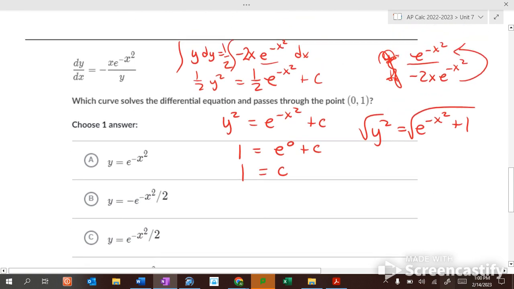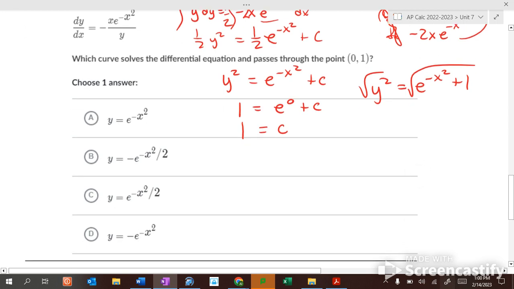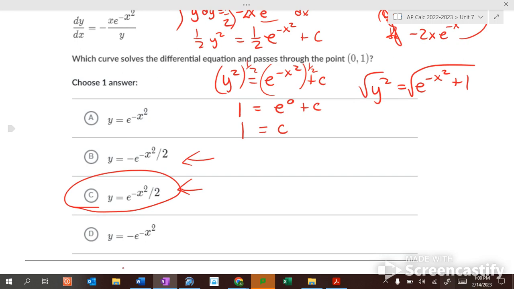Oh, no. Because if we take this to the 1/2 power and we take this to the 1/2 power, it's looking more like this one because the e is not negative.